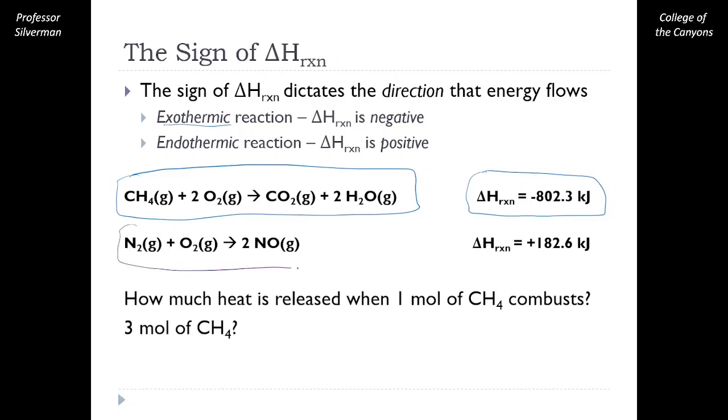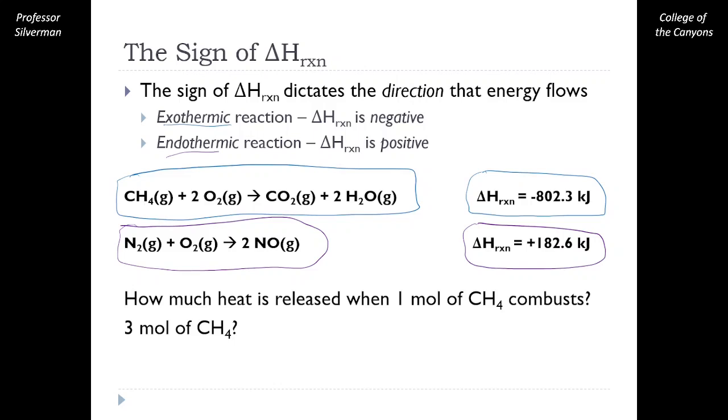A second example, nitrogen and oxygen combine to form two nitrogen monoxides. In this reaction, 182.6 kilojoules of energy is absorbed. These thermochemical equations are balanced and have our delta H value written to go with that balanced equation.